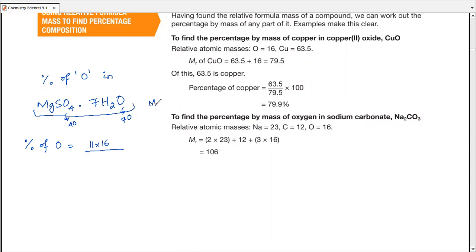And the MR of this is probably 246. Am I right? Yeah. Okay, so this is probably 246. So that is multiplied by 100. So 11 into 16 was probably 176, right? So 176 over 246.